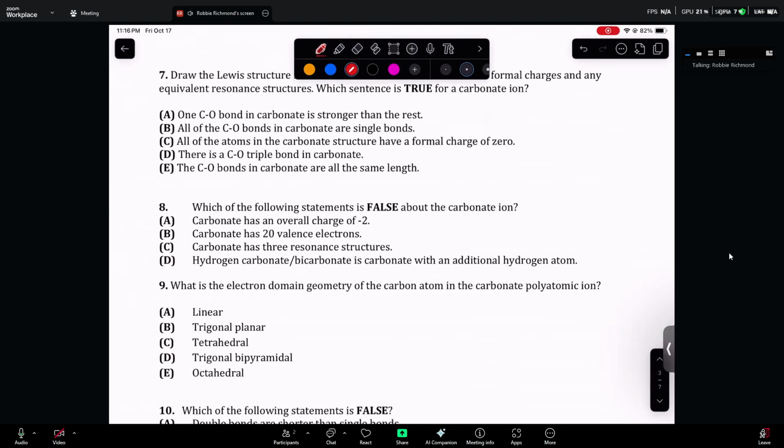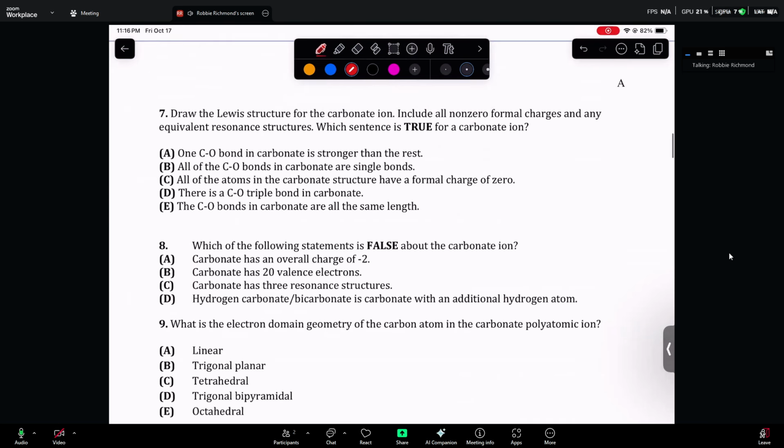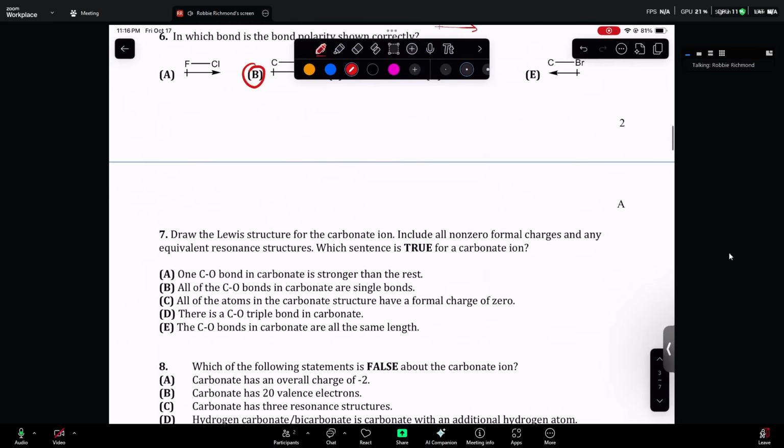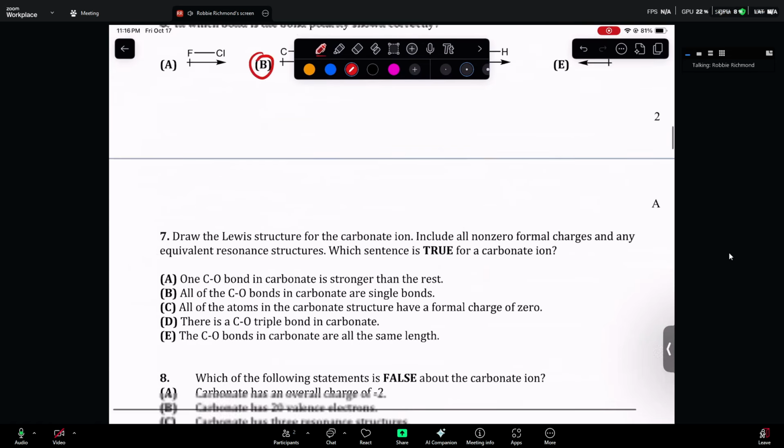Cool. Number 7, draw the Lewis structures for the carbonate ion. Include all non-zero formal charges and any equivalent resonance structures. What sentence is true for the carbonate ion? Cool. Honestly, looking at the answer choices, we could get the true statement from carbonate ion, but let's just work our chops on Lewis structures.